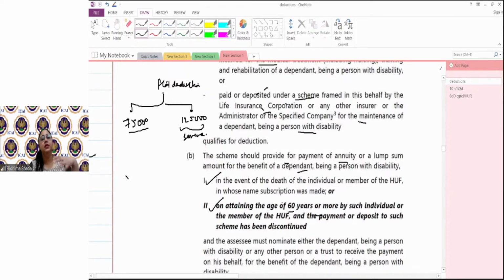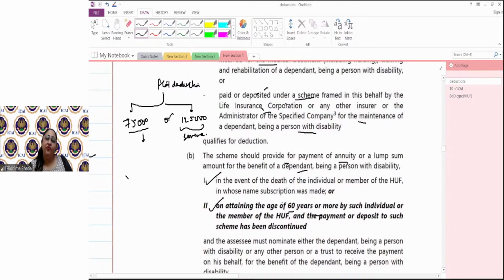And severe disability means when the person is disabled for more than 80% of the body. That is called severe disability. So 75,000 in case of normal disability, 1,25,000 in case of severe disability of the dependent person.